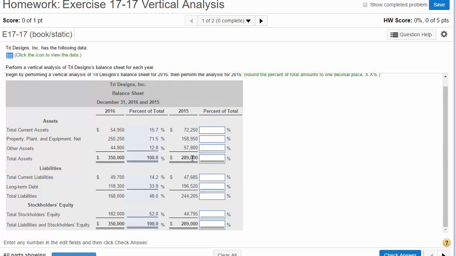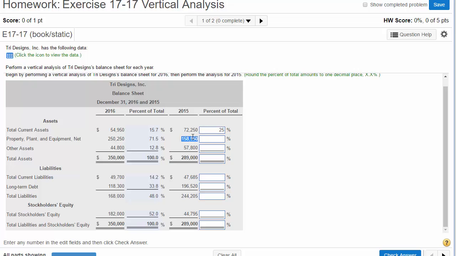In this case, the base number is going to be 289,000. If you know how to use the memory function on your calculator, you can plug 289,000 into memory, then type in 72,250, hit division, hit memory recall to bring back 289,000, then hit equal and multiply by 100 to convert it to a percent. You should get 25%.